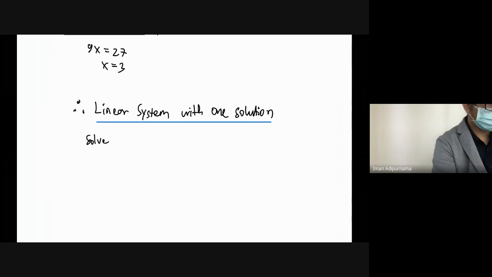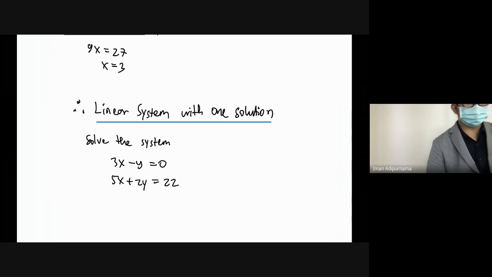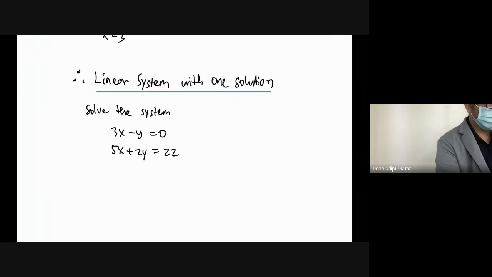So solve the system: 3x minus y equals 0 and 5x plus 2y equals 22. You can solve it. I will give you the graph.